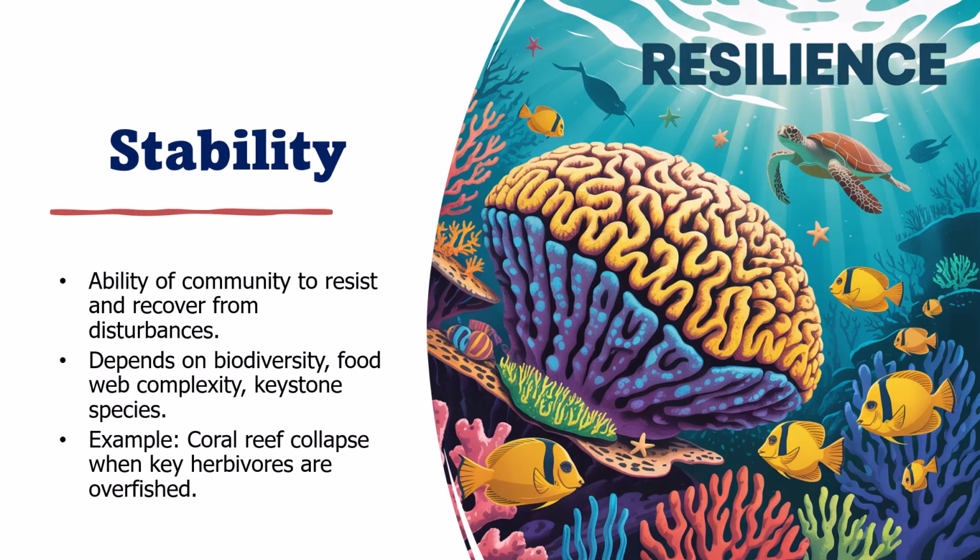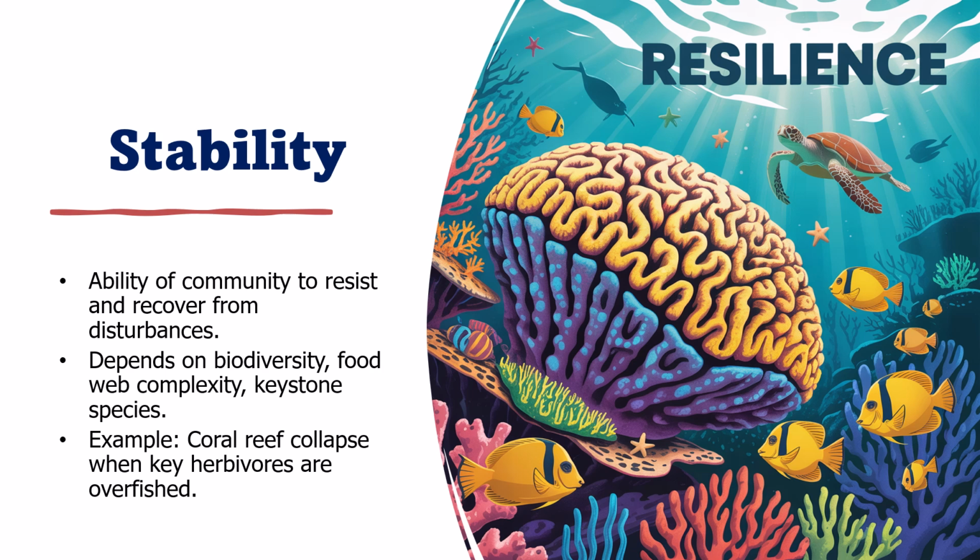Now, stability is a vital property of ecological communities, representing their ability to resist disturbances and recover after them. Stability depends on biodiversity, food web complexity, and keystone species. Communities with higher species richness tend to be more stable because multiple species can perform similar ecological roles, providing resilience.